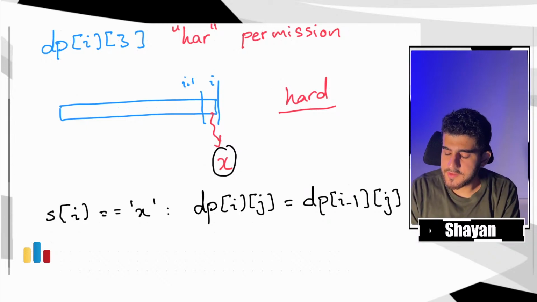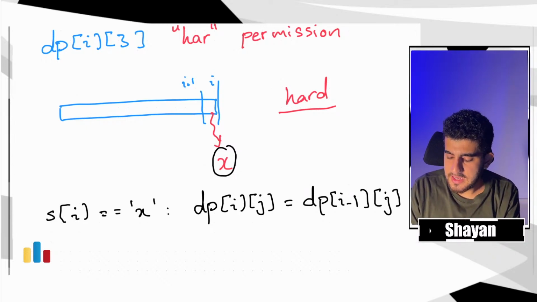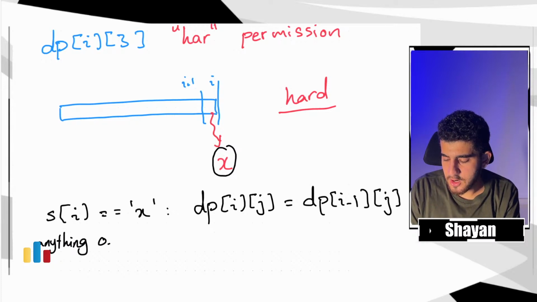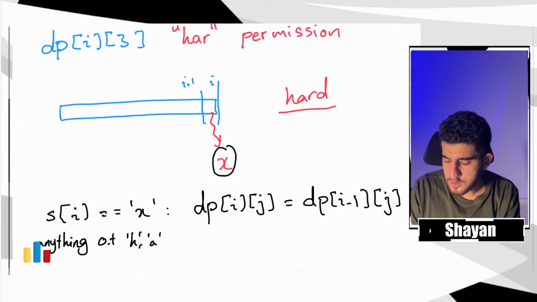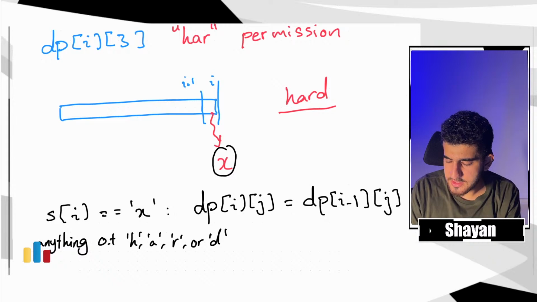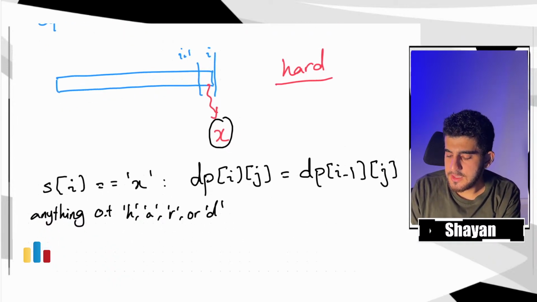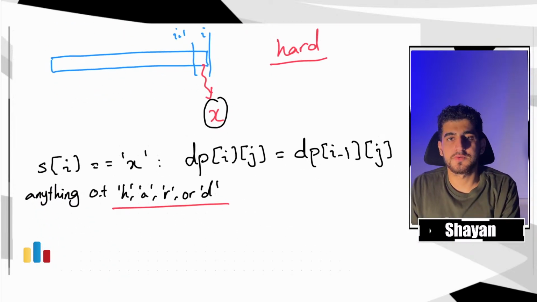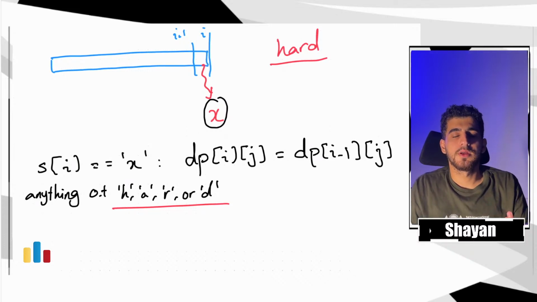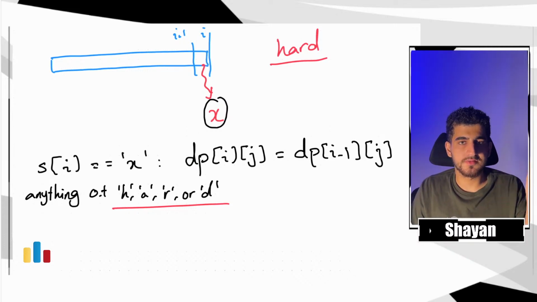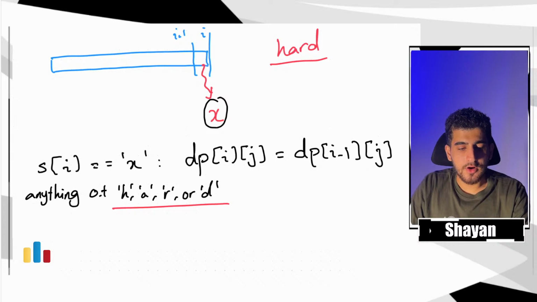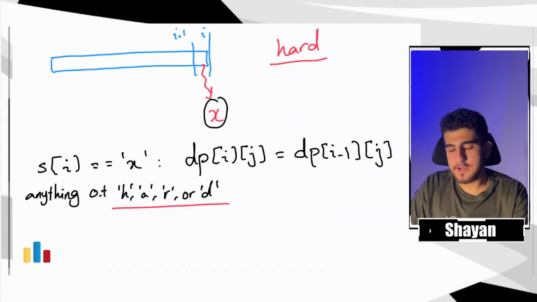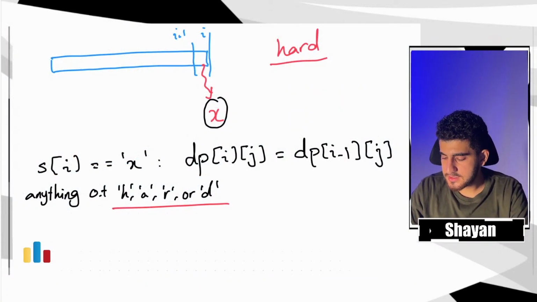So in other words, if S of I is anything other than H or A or R or D, DP of I and J will be equal to DP of I minus 1 and J. The cost is the same because this X can be there as well and it has no effect. Okay, now consider the cases where this character has some effect.